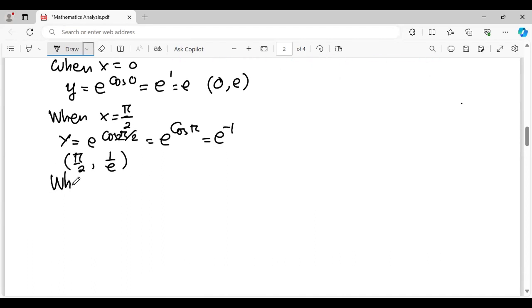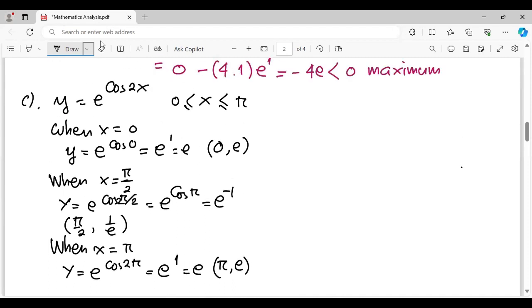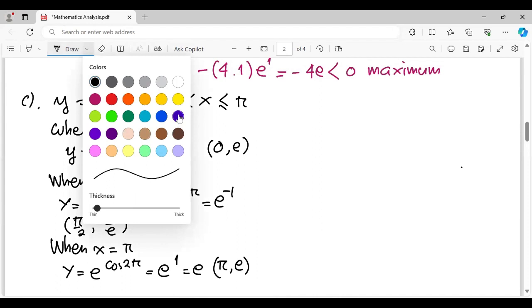When x equals pi, y equals e power cosine 2 pi, or e power 1, because cosine 2 pi equals 1. So the coordinate point is pi, comma e. Now let's sketch.